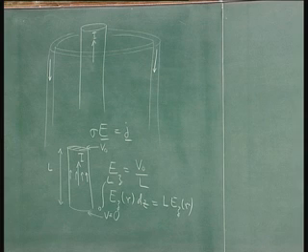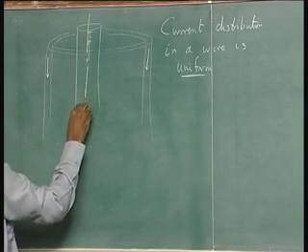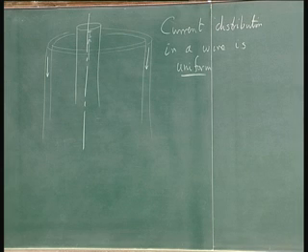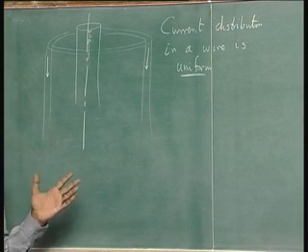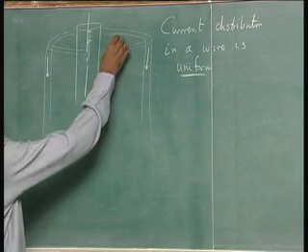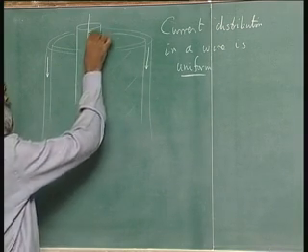Now, I am going to generalize the problem I did last time, because I am going to say that there is some magnetic field even inside the wire. So, when I calculate inductance and I say flux linkages, I am not only going to consider this flux, I am also going to consider the flux inside.